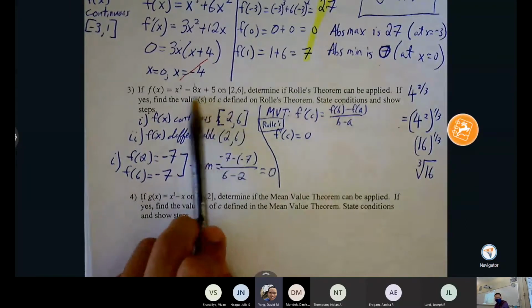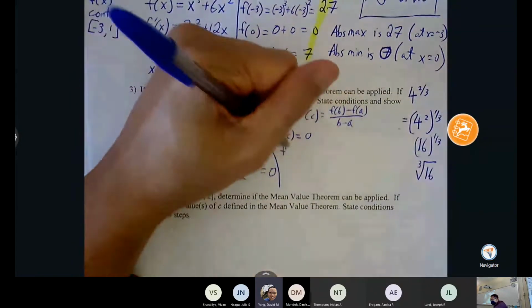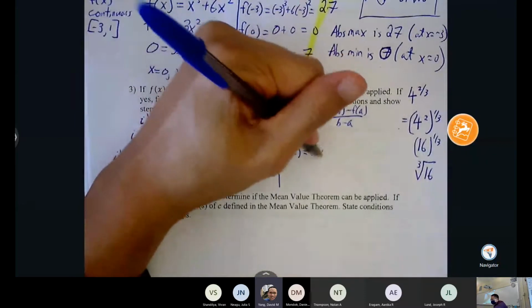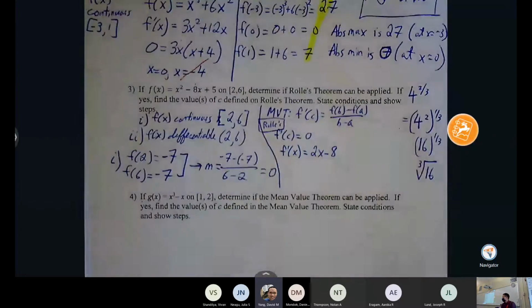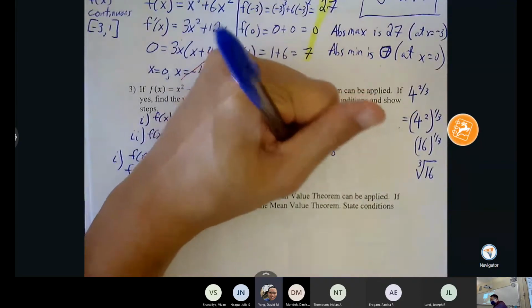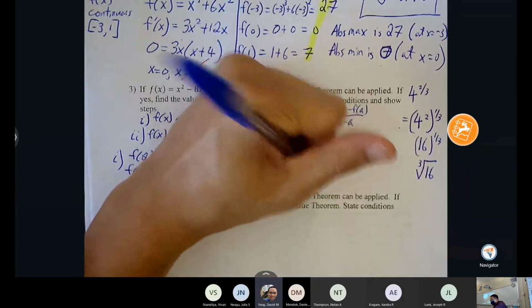So for f prime, we go through the power rule. We set f prime equal to 0. Solve for x.